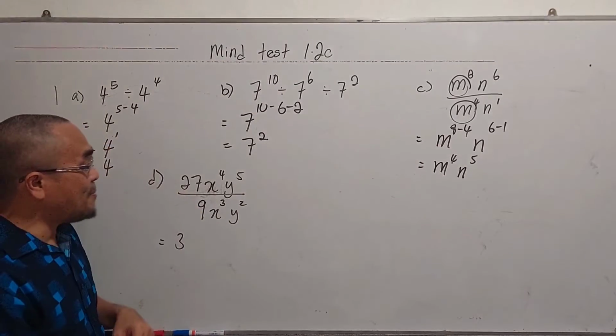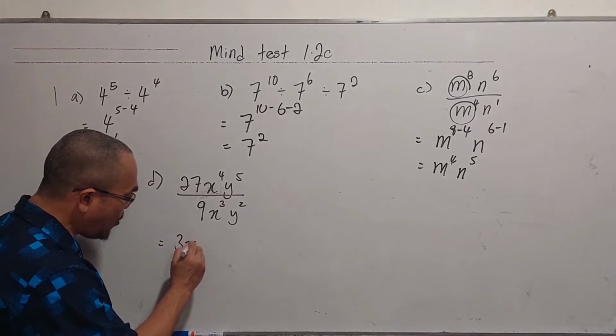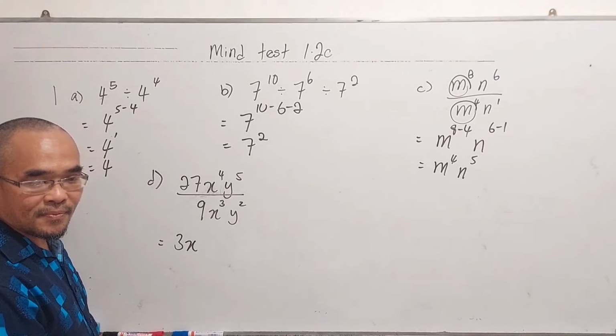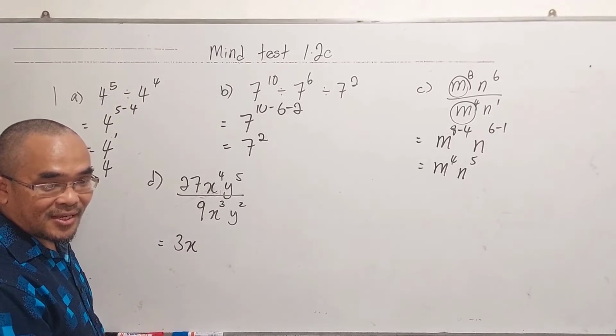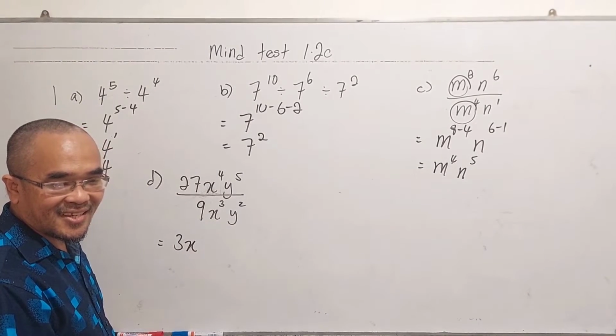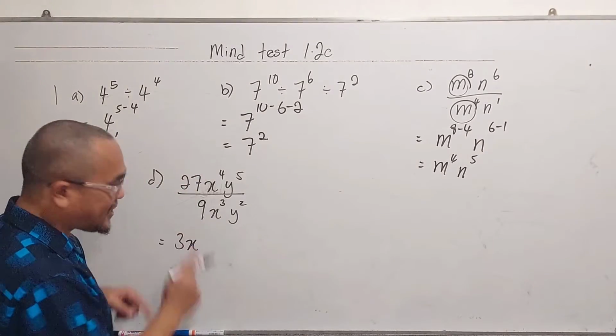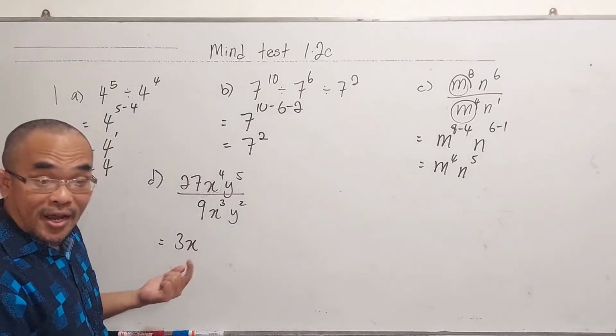How about the index? x to the power of 1, because 4 minus 3 is 1, and you don't write the 1.